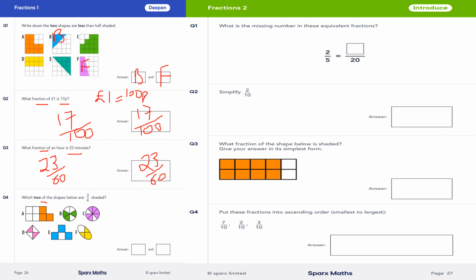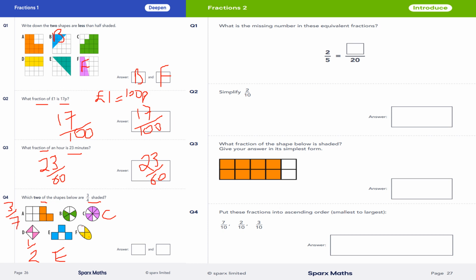Question number 4. Which two of these shapes are 3/4 shaded? It looks like it's C and E, but let's just double check. We've got 1, 2, 3, 4. They're not equal parts. That's a half there. That's 3/7, so that's not 3/4.